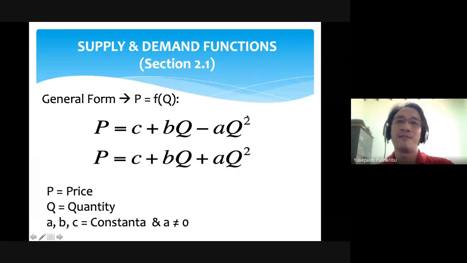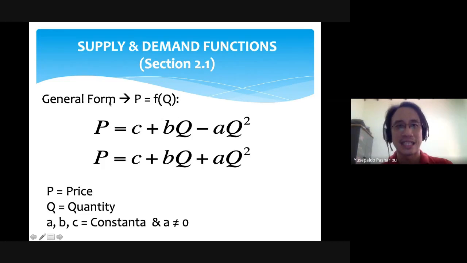This is the general form of supply and demand function in parabolic or quadratic function, nonlinear function. So the Q must be quadratic because this is a quadratic function.